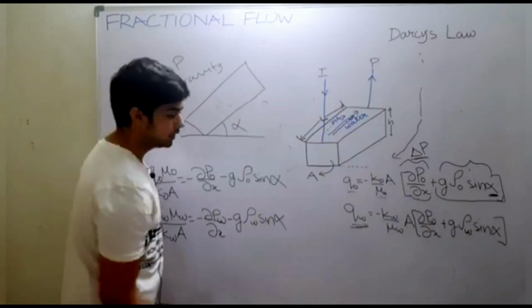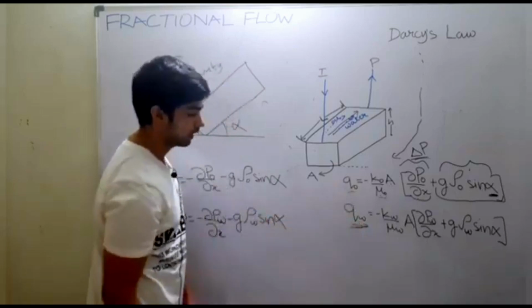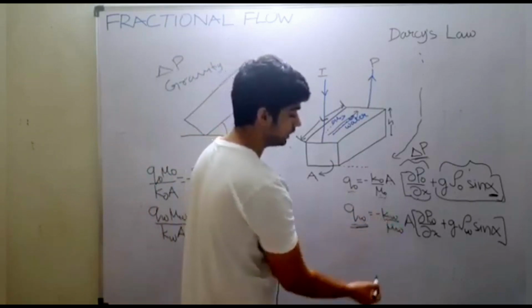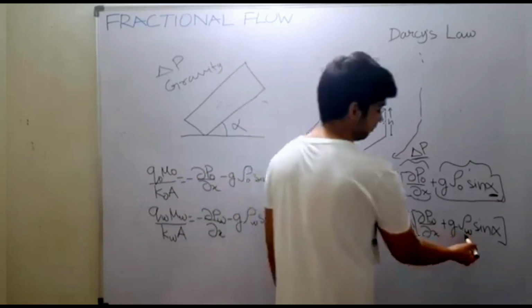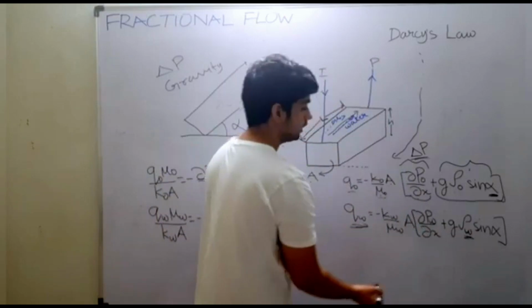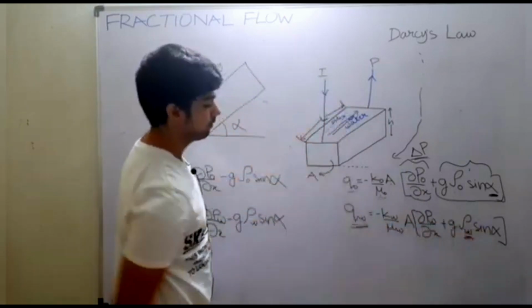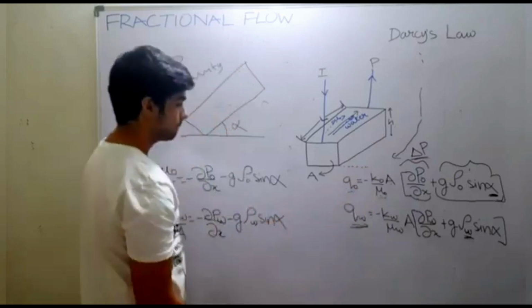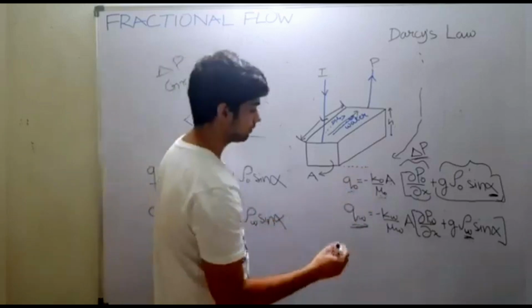Similarly, we can obtain the same equation for water. Effective permeability, viscosity, pressure and density of the fluid will change, but the main structure, such as A and alpha, will remain the same. Now once we have these two equations with the help of Darcy's law, we will rearrange this equation.